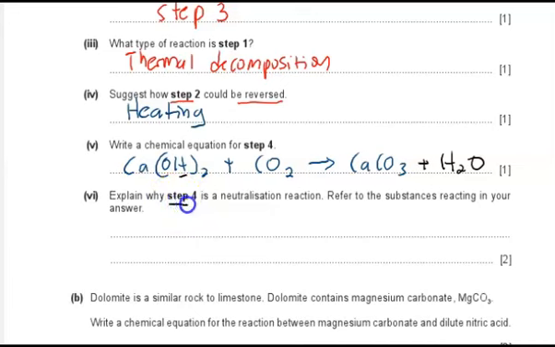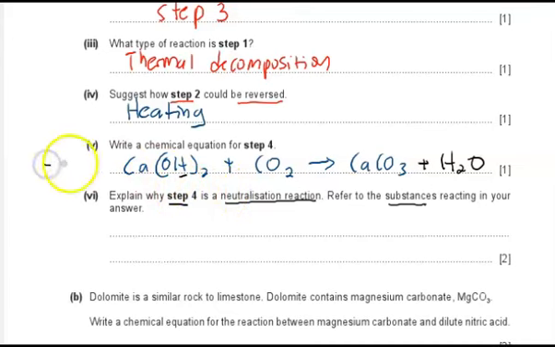Explain why step 4 is a neutralization reaction. Refer to the substances reacting in your answer. Why is step 4 neutralization? So basically this is step 4. What we can see here is it contains hydroxide. So calcium hydroxide has alkaline properties.